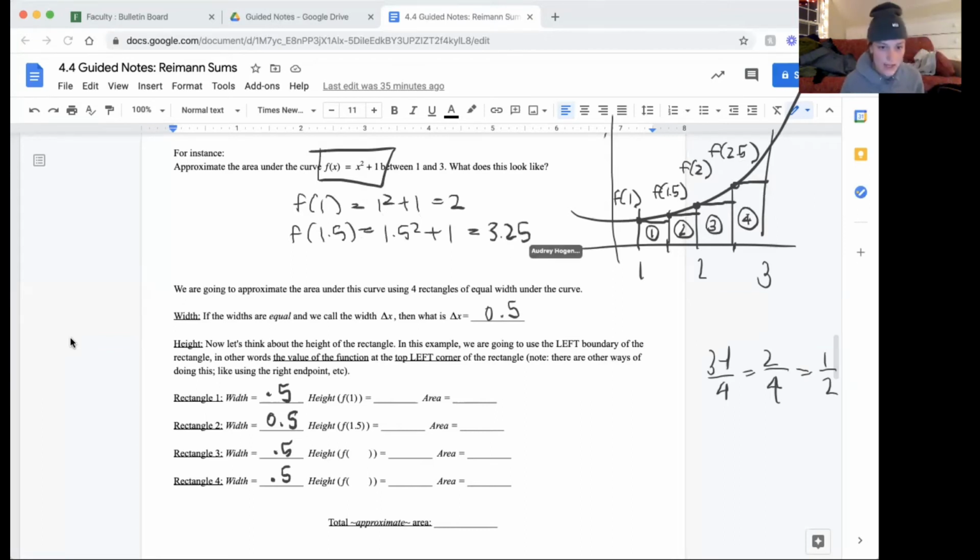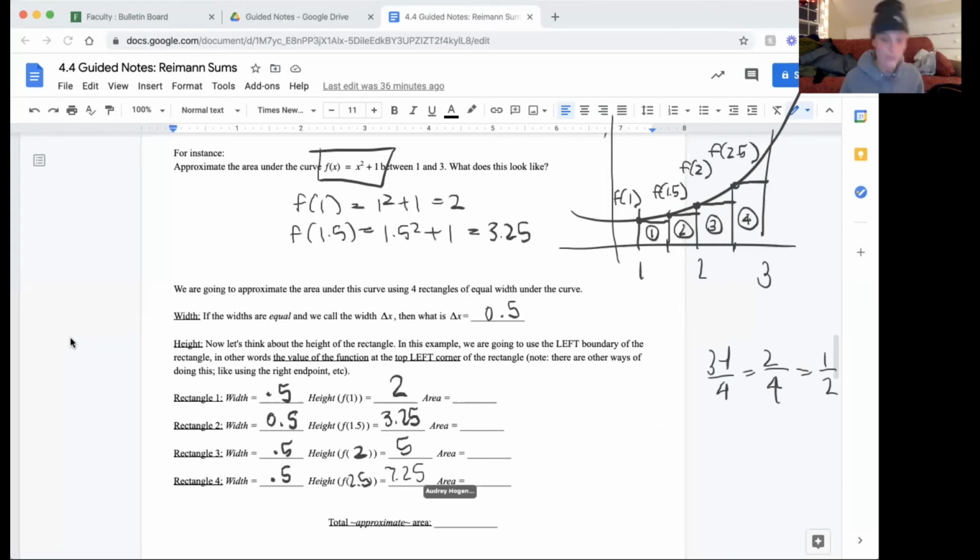And I actually made convenient spaces for this. So f of 1 was 2, f of 1.5 was 3.25, f of 2 is going to be 4 plus 1, which is 5, and f of 2.5 is going to be 2.5 squared plus 1, which is going to be 2.5 times 2.5 plus 1, 7.25.